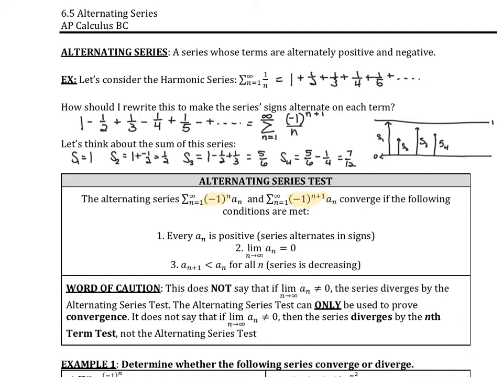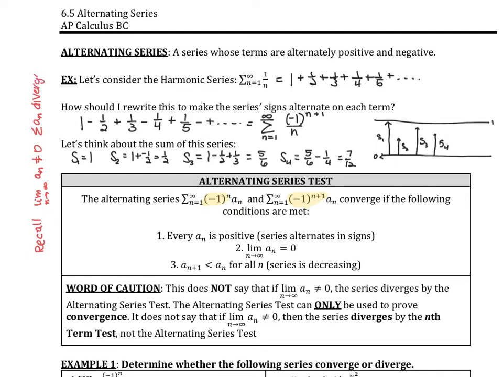The next condition that needs to be met is that the limit as n approaches infinity of a sub n equals 0. Okay? This is different, but recall, we have what we call the divergence test. And if you recall, and I'm going to write it on the side, if we take the limit as n approaches infinity of some a sub n and it doesn't equal 0, then we know the series diverges.